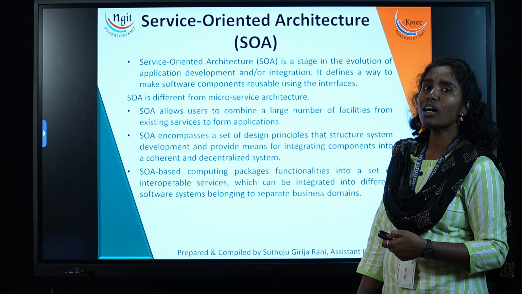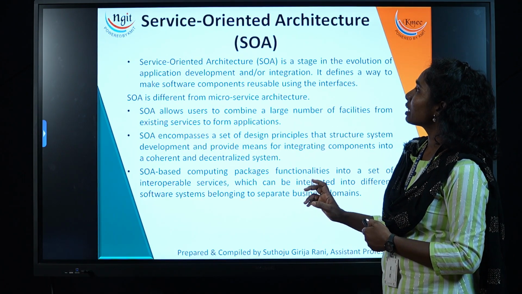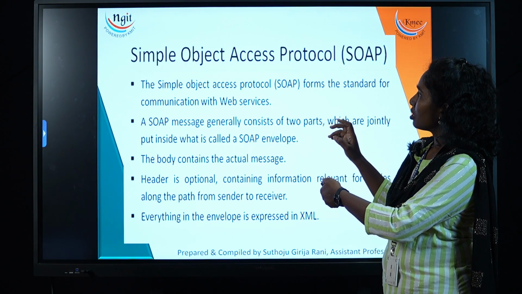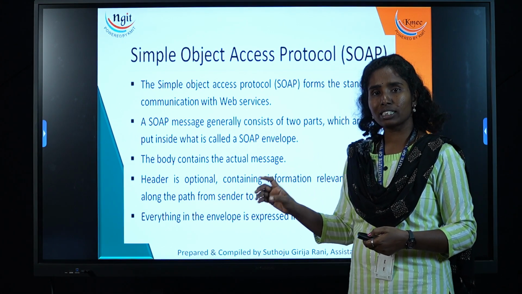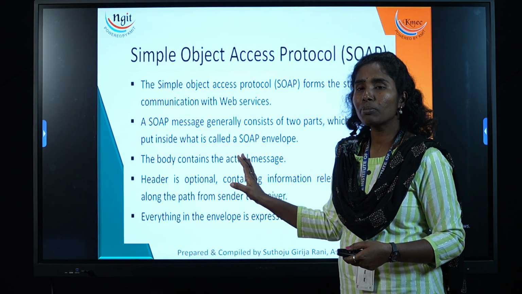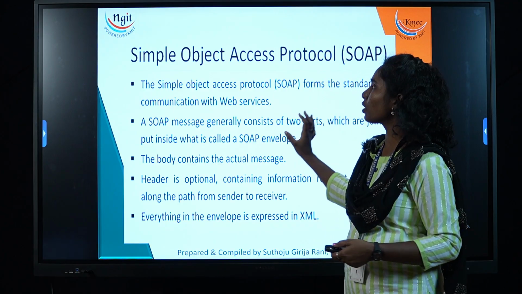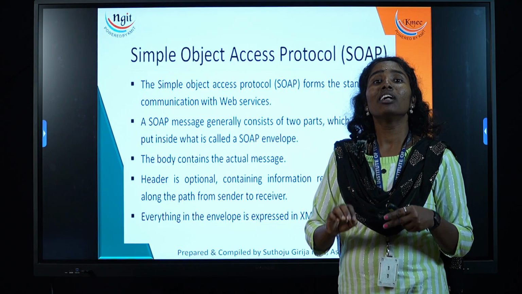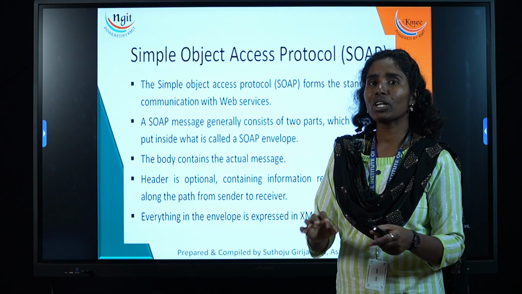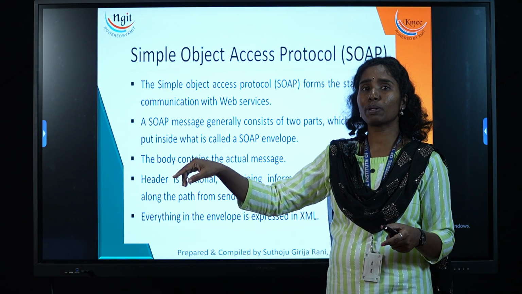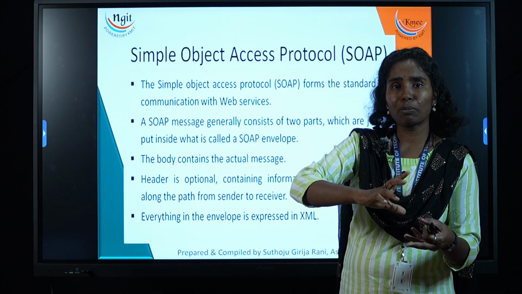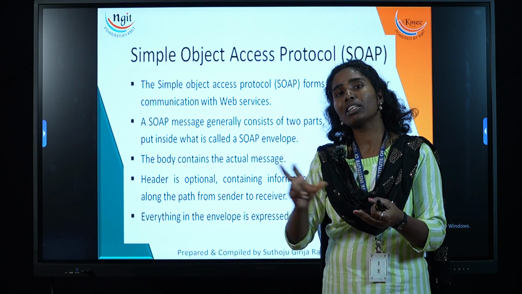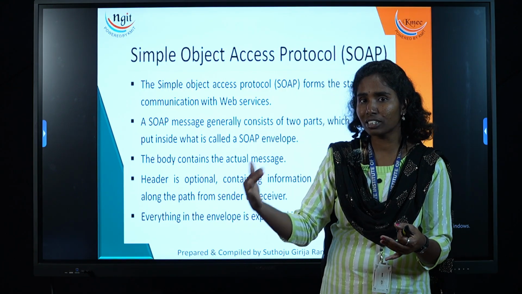Now the next one is SOAP, the Simple Object Access Protocol. This is a very simple one where we communicate with web services. The previous one was with respect to TCP connection establishment, with messages flowing between the client and the server.